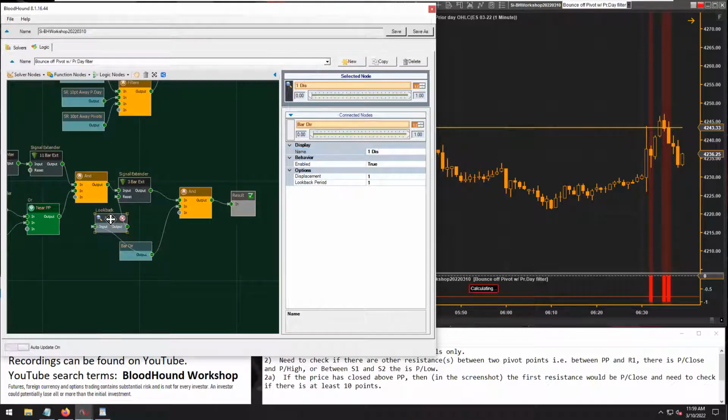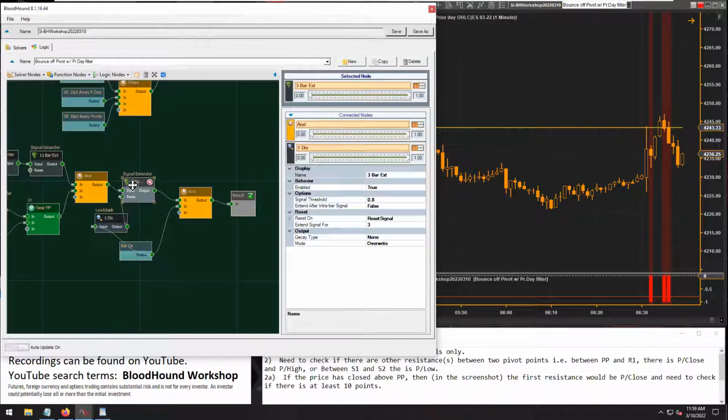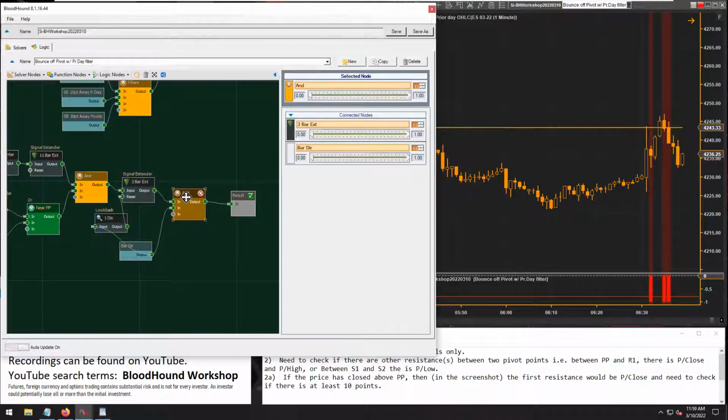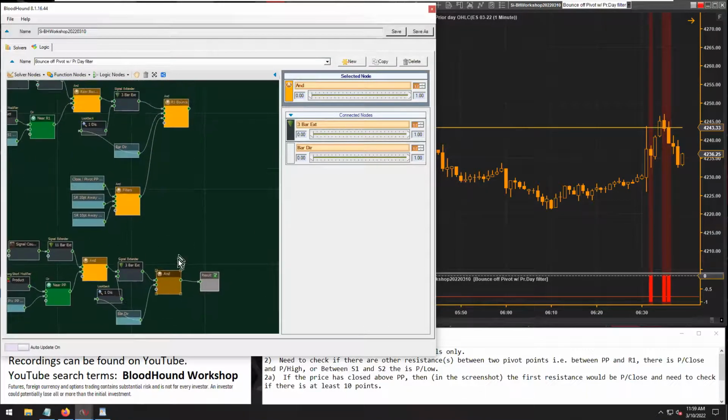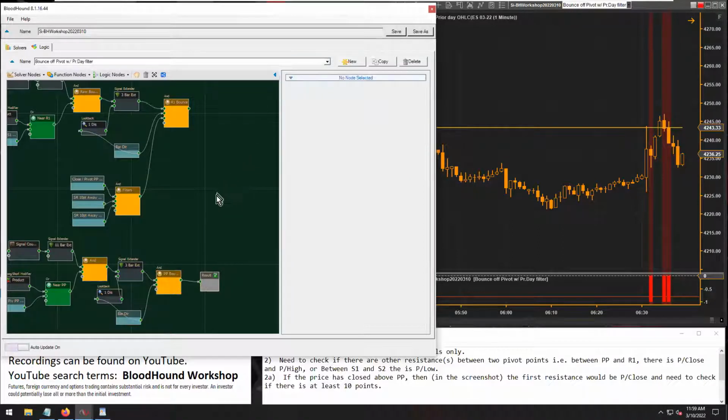All right, so now I got that look back node set up for a 1-bar displacement to turn off the signal extender. And so this AND node is the PP line bounce. There.